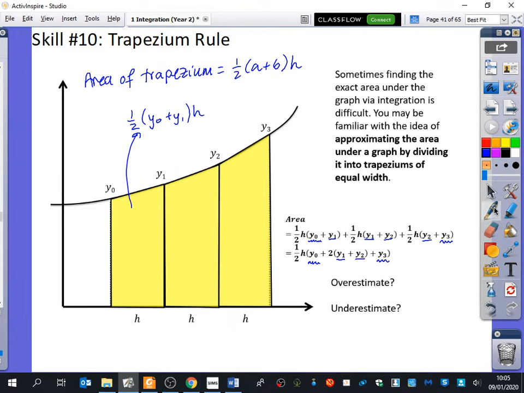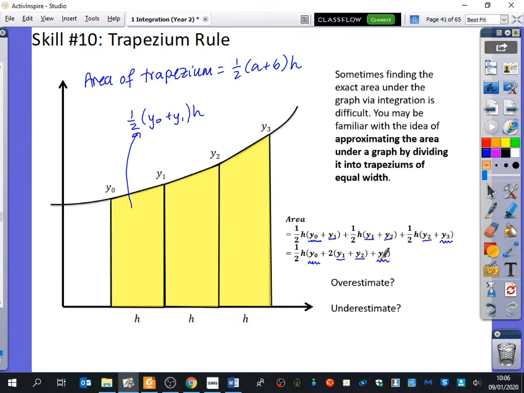So the area of this, if you were to try and do it as one single formula, is a half times h, which is the gap between them. And then you've got y0, the first one, plus 2 lots of the middle ones added together, plus the last one added on as well. And that should give you an approximate area underneath the graph.